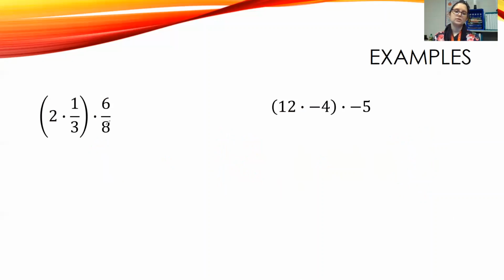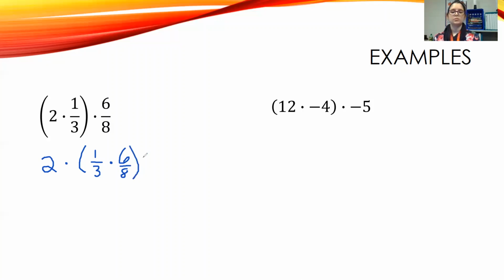Okay, we will look at two examples. So we have 2 times 1/3 times 6/8. So I am going to use the associative property to regroup so that I have the 1/3 times the 6/8 in my parentheses.